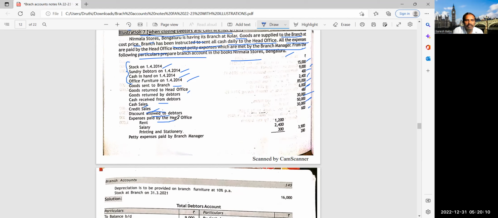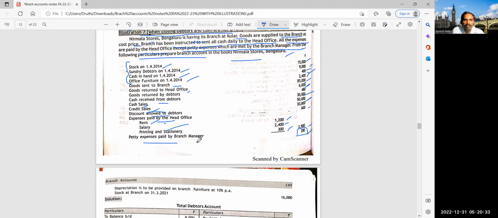Expenses paid by the head office: rent 1,200, salary 2,400, printing and stationery 300, total 3,900. Petty expenses paid by the branch manager, 280 rupees, that means the manager of the branch has spent it.